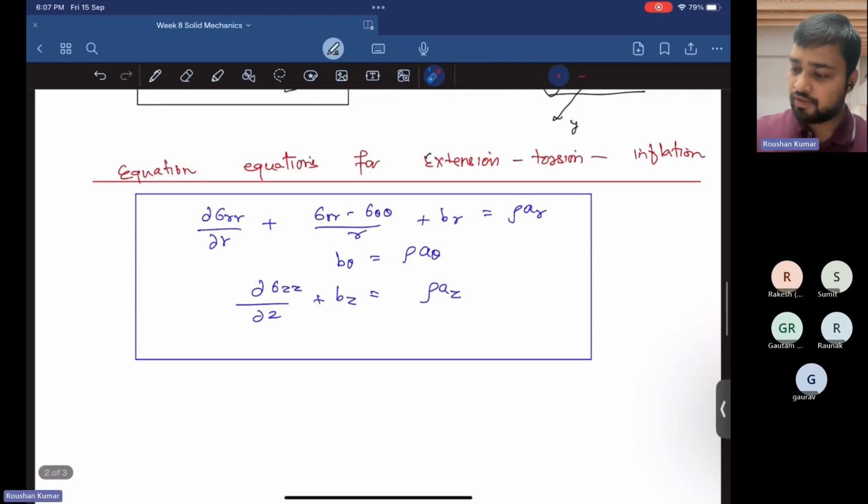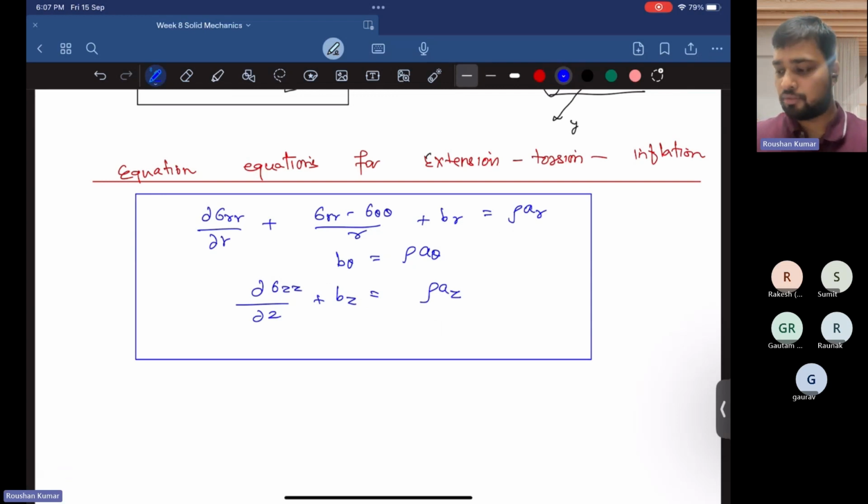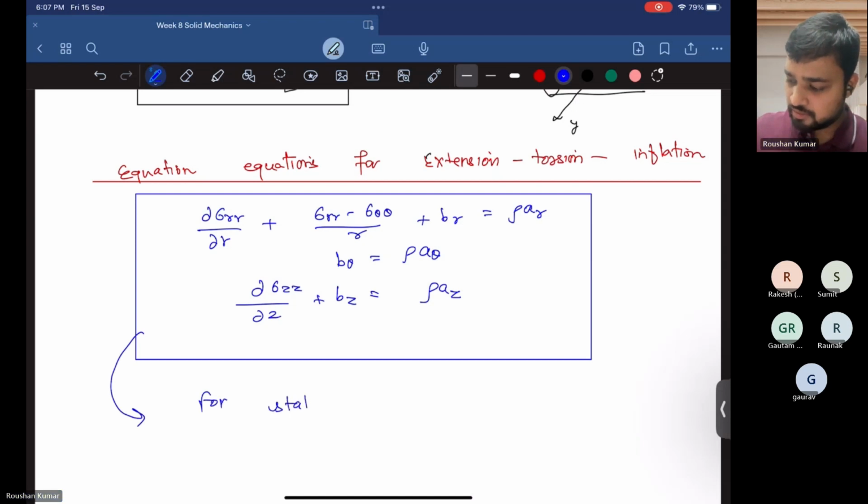Suppose we are dealing with a zero gravity and static problem, that is, there are no body forces present in the system and the body is static, in equilibrium. Then the equations will become the following for a static and zero gravity problem.